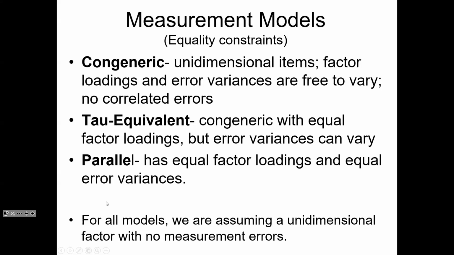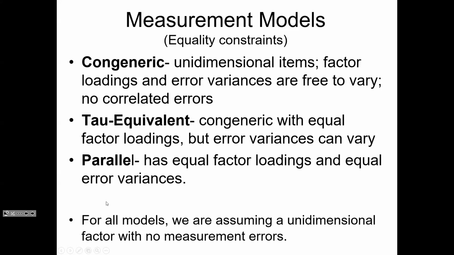And remember that if we take the standardized loading and we square it, that gives us the proportion of variance in the item that's explained by the factor, right? So what we're going to do is constrain the factor loadings to be equal, but we don't necessarily have to constrain the error variances to be equal.